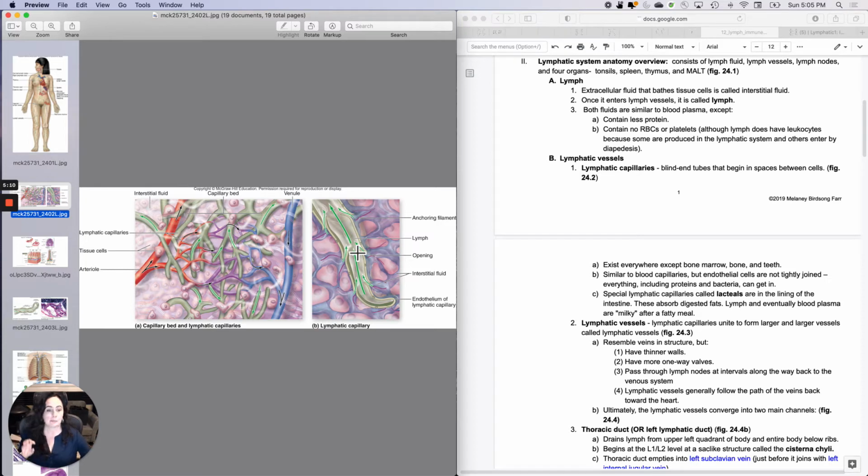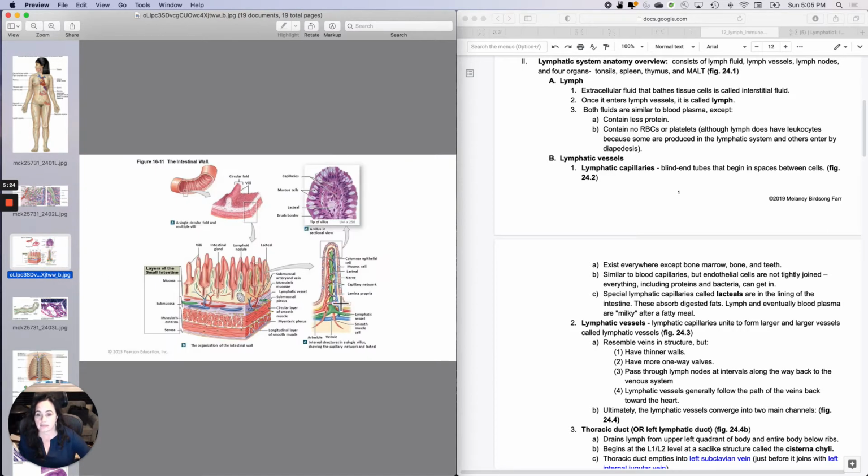And then there are some special lymphatic capillaries that exist in the lining of the intestine. So this is a lymphatic capillary, a special one that exists in the small intestine. The small intestine is of course going to do boatloads of absorption of nutrients.